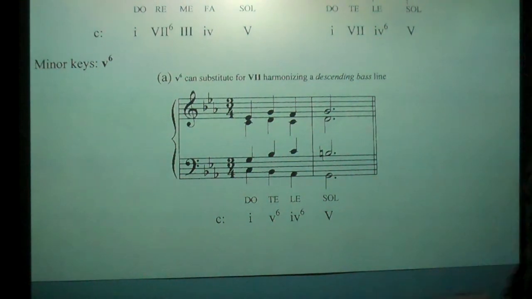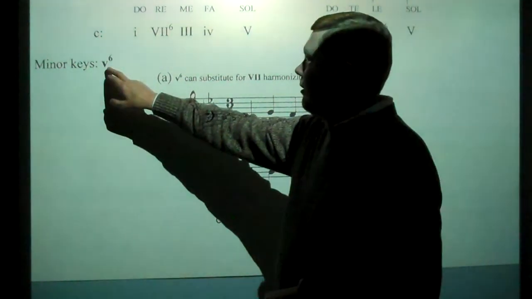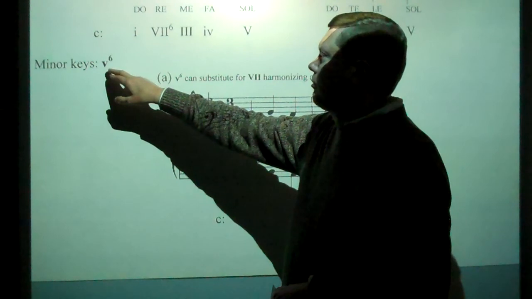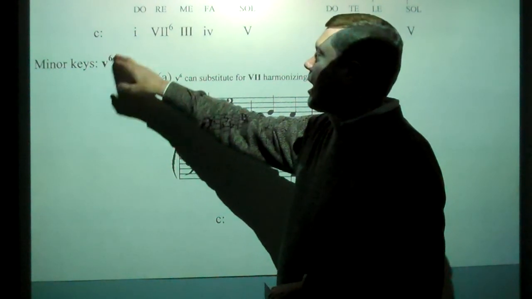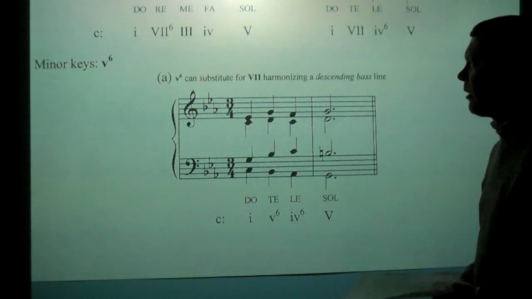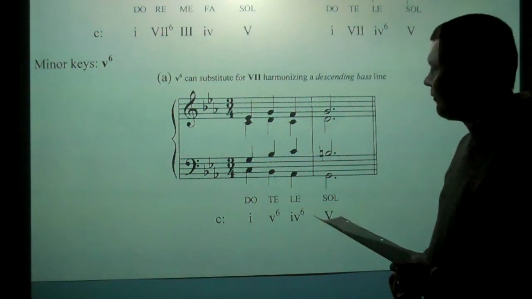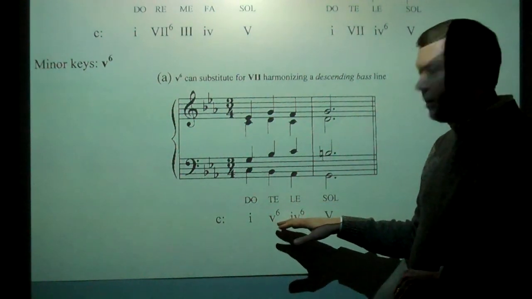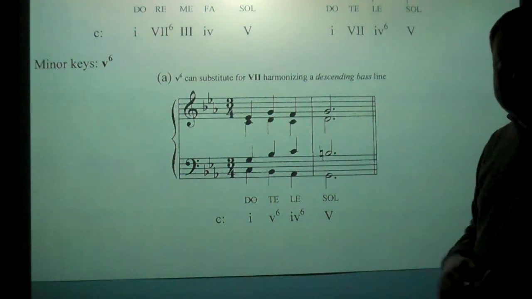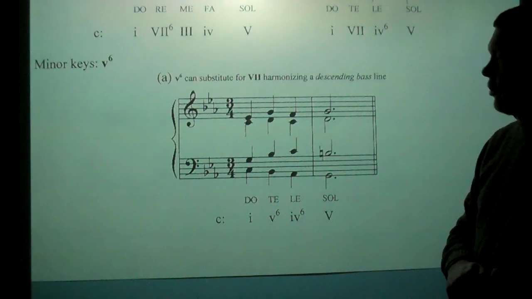So the only way to use a minor 5 chord correctly in tonal music is to use it in first inversion. First inversion, that is the Roman numeral lowercase 5 with a 6. And when you use the minor 5 chord in first inversion, it harmonizes the descending bass line that we just talked about for the root position 7 chord.